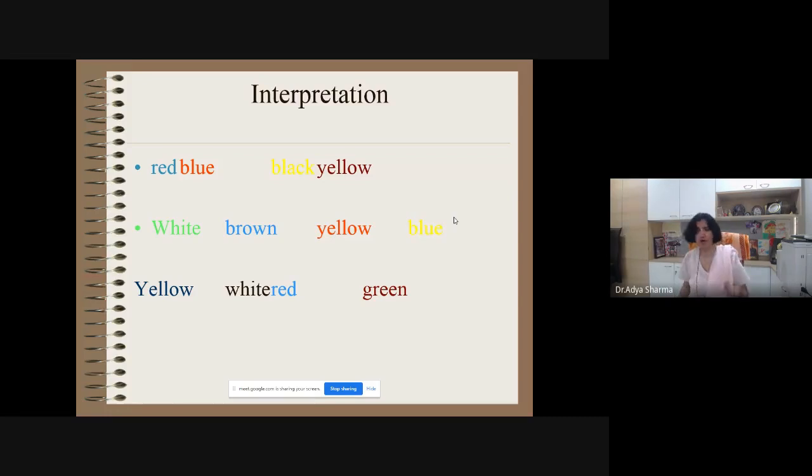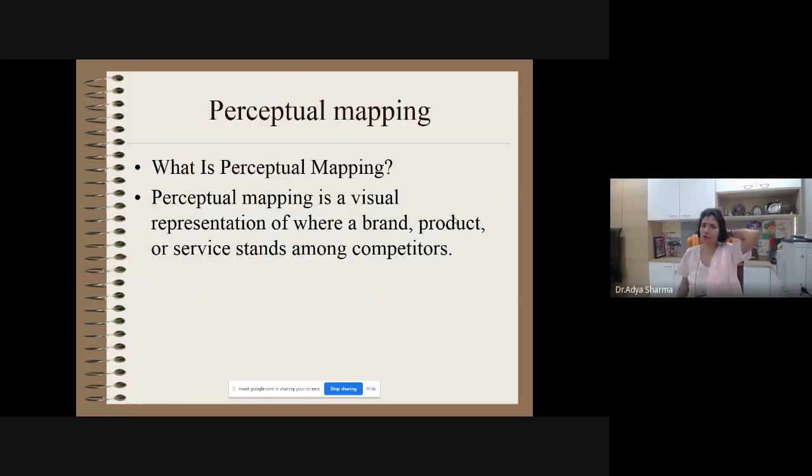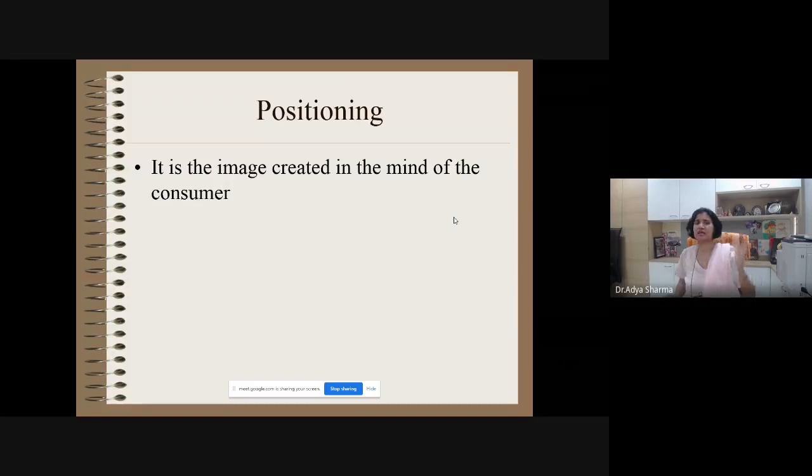So now that I go forward, I come back to positioning, which we discussed in segmentation, targeting, and positioning. What was positioning? Positioning was the image created in the mind of the consumer. So what is positioning? Positioning is the perception created in the mind of the consumer.